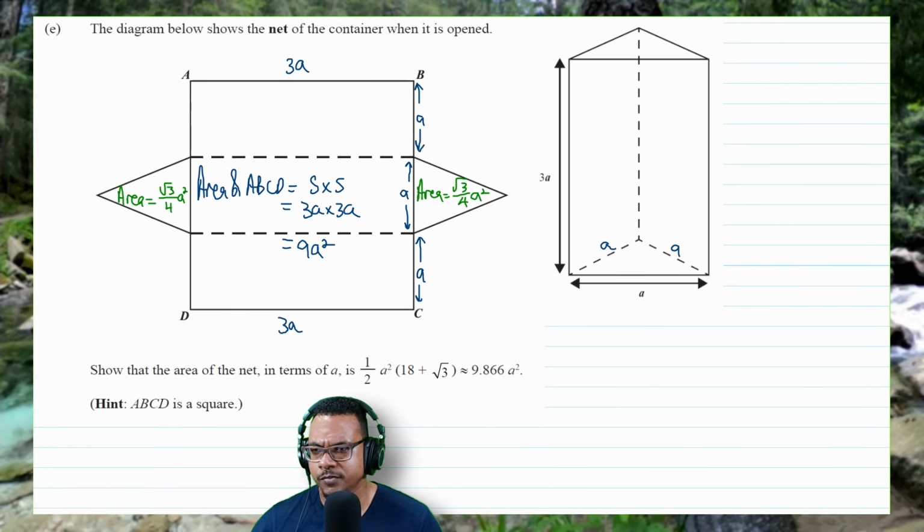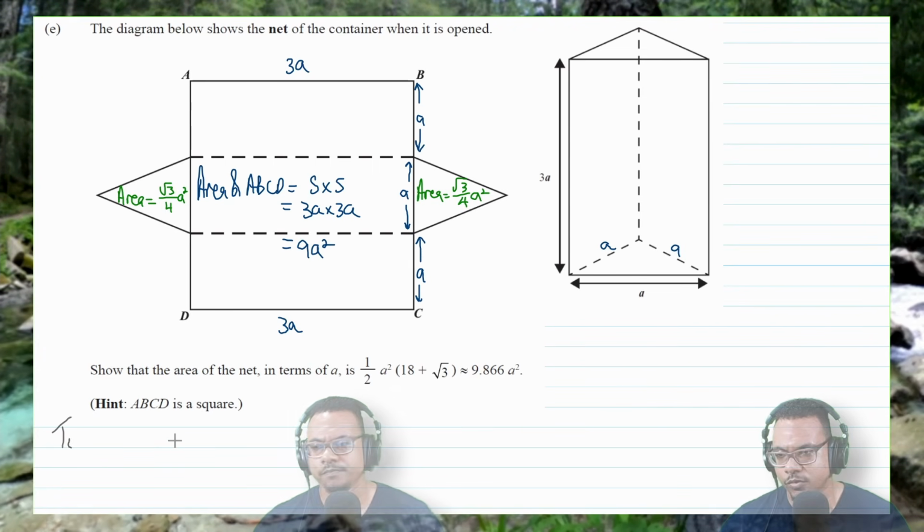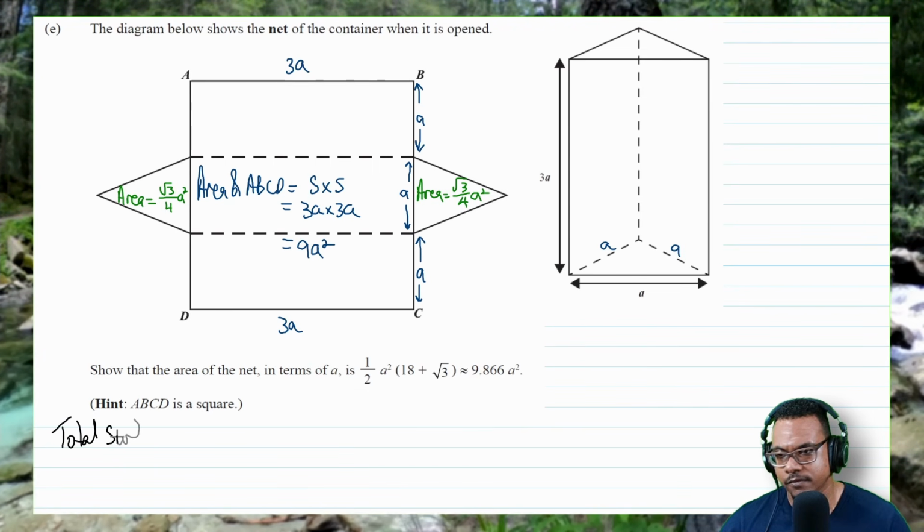So the total surface area will be the area of this entire square, which is the three rectangles combined, 9a squared, plus this square root of 3 over 4a squared and this square root of 3 over 4a squared. So this is like 2 times the square root of 3 over 4a squared plus the 9a squared.